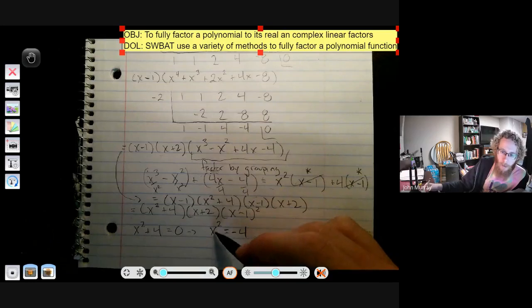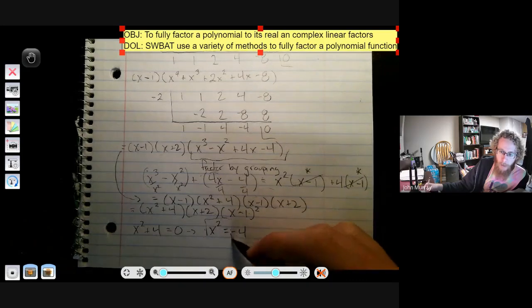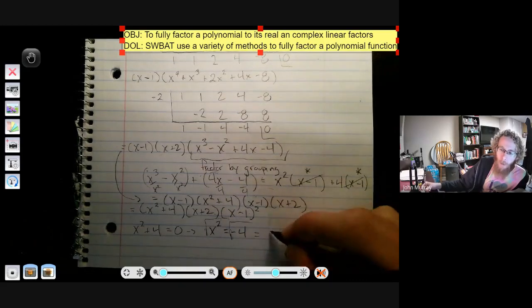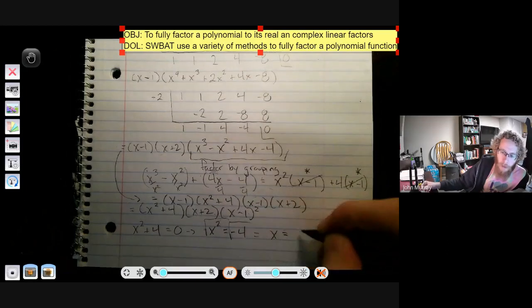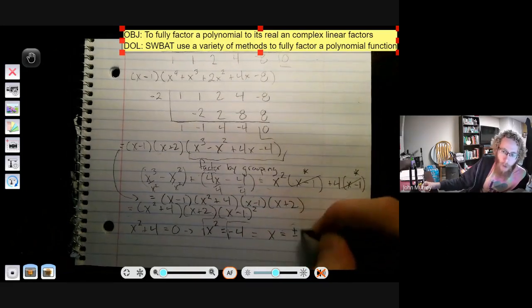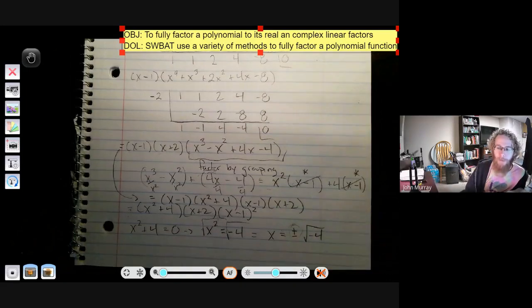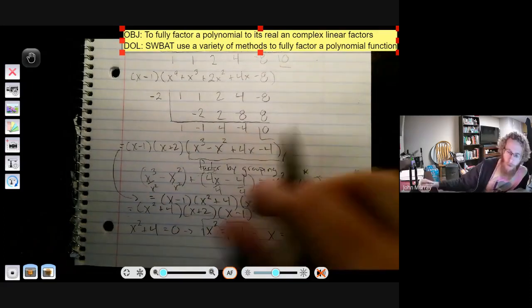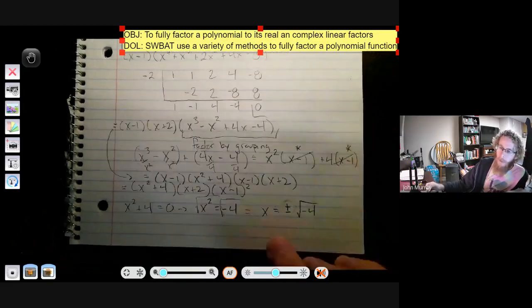I want to get this x alone and it's tied up with an x squared. So I have to take the square root to get rid of that. In algebra, when we take the square root, you'll hear me say this over and over again, you have to put plus minus. If you don't put the plus minus, you only get one answer, and that wouldn't be enough. We'd only have 4 roots.